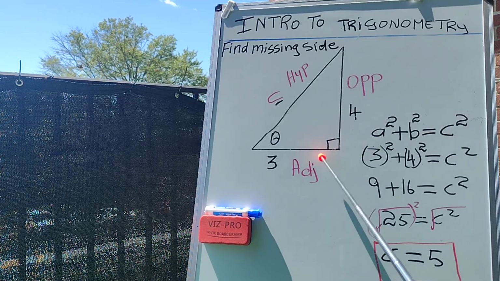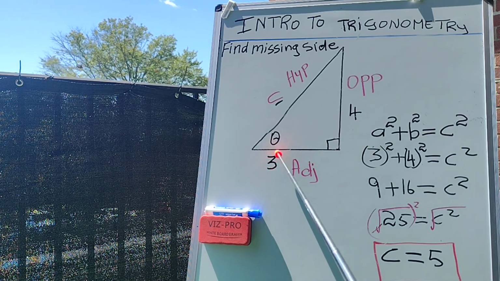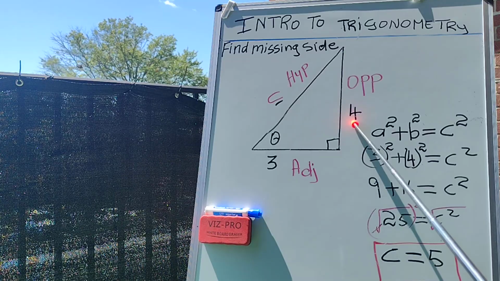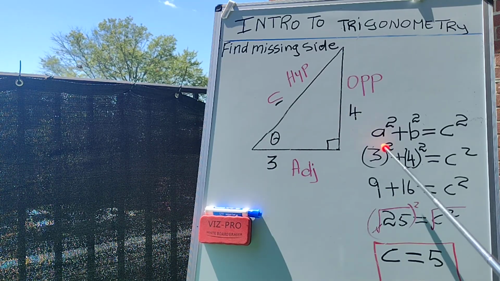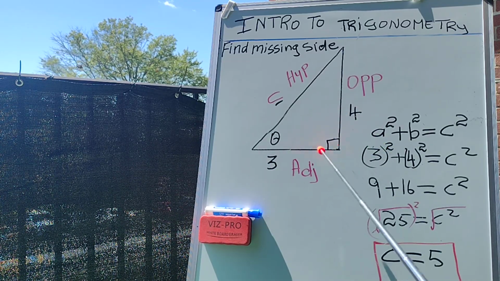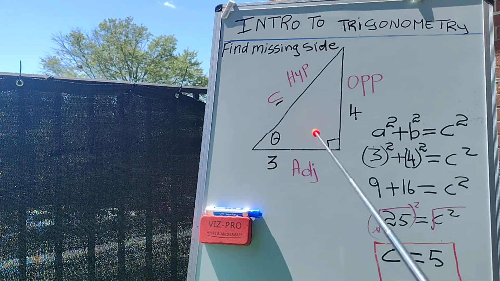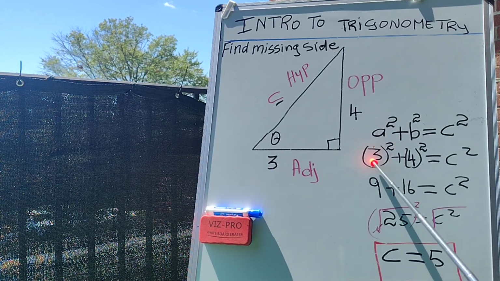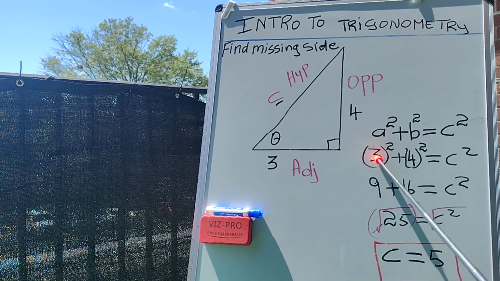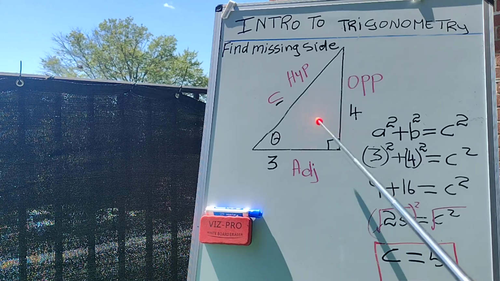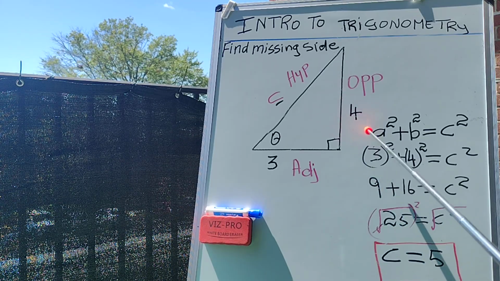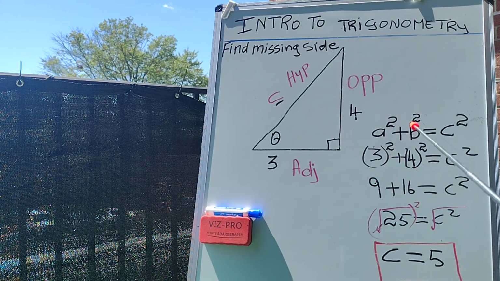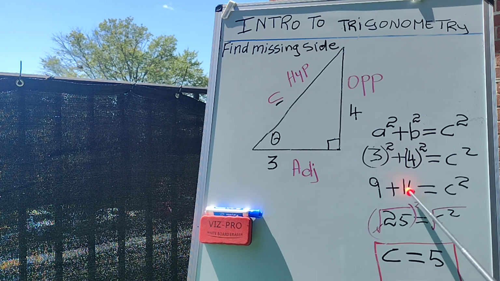Now, we are going to substitute the numbers you see here into the formula. If we substitute 3, it will be 3 squared, which is 3 times 3, which is 9. And if we substitute 4 here, it will be 4 times 4, which is 16. And that is equal to C square.